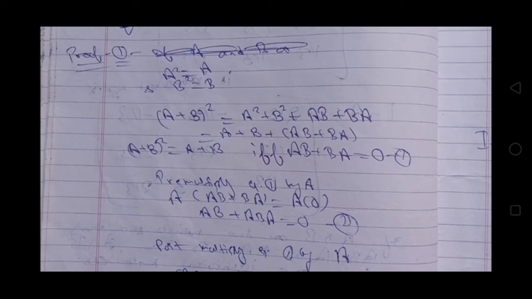Now using the given thing, this will become equal to A plus B plus AB plus BA. Now (A plus B) whole square will be equal to A plus B if and only if AB plus BA is equal to 0. Now mark this equation as equation number 1.